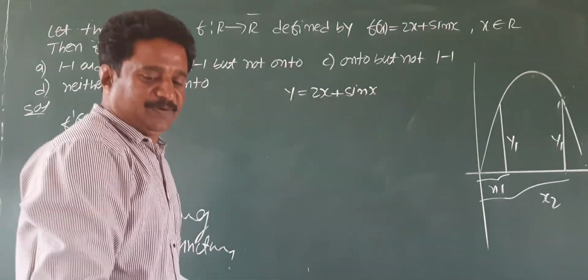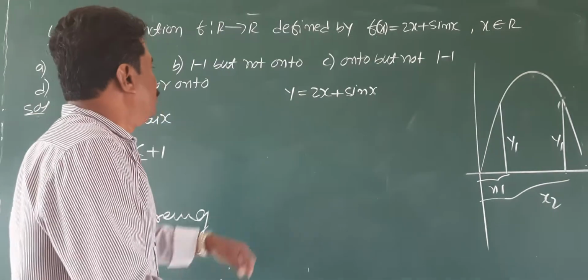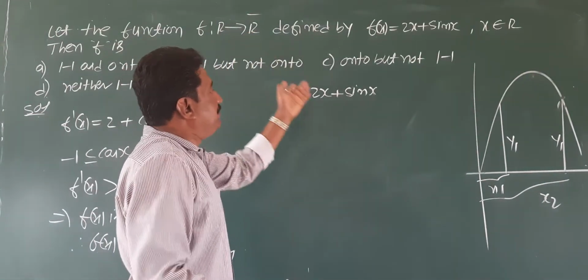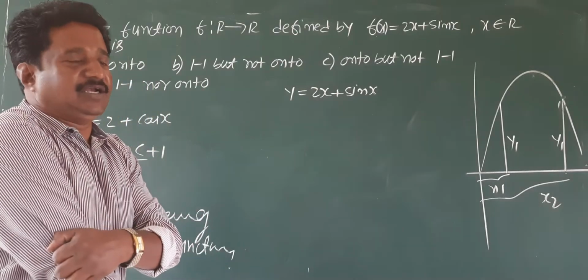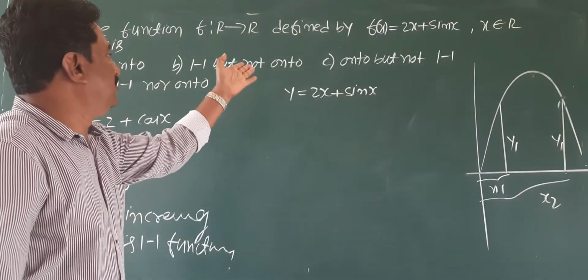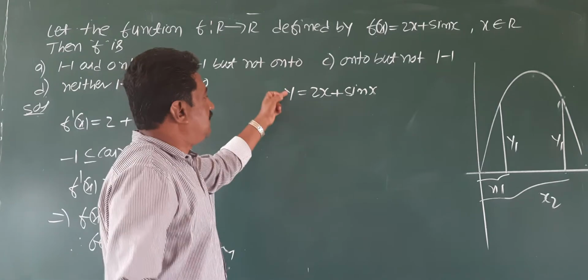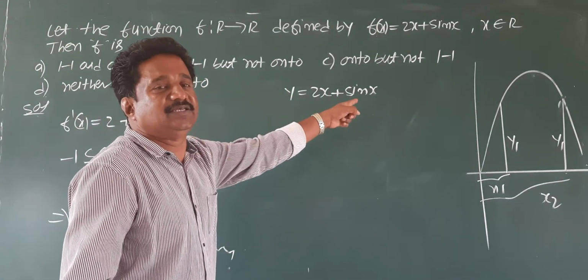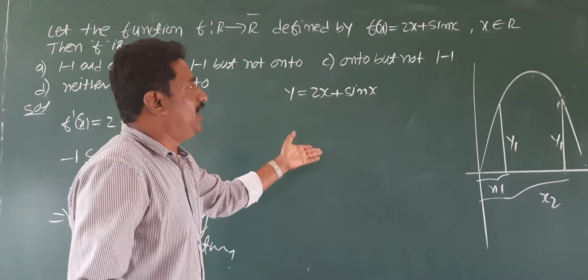For every y value, for every real number, there must be an x value. All y values are related. Whatever you take for y, there must be a corresponding x value. So it must be onto.